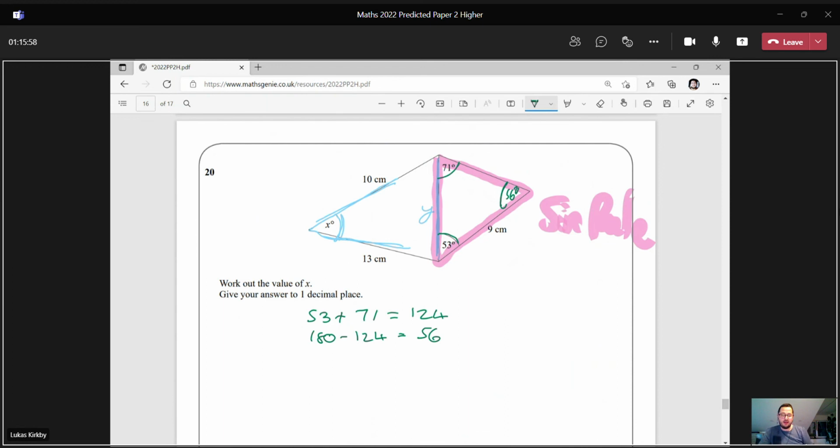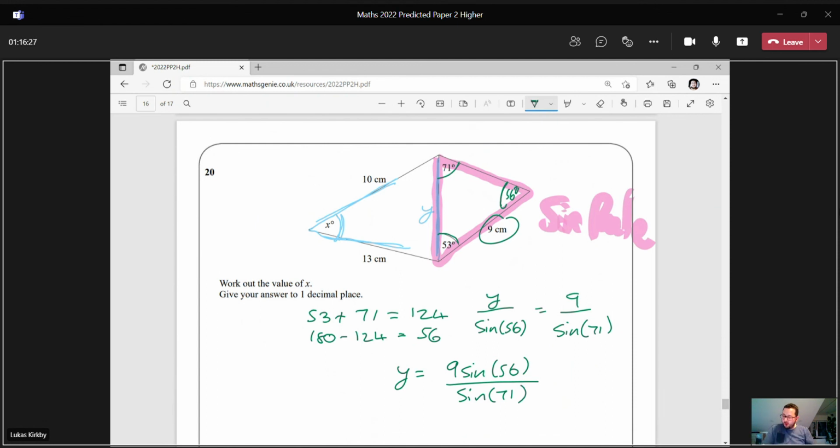Then I can use the sine rule, which is in the front of our books. So we've got y over sine of 56 equals, and then we'll use the other one that we know, which is 9 over sine of 71. And then we solve that, we times up by sine of 56, so y is 9 sine of 56 divided by sine of 71.